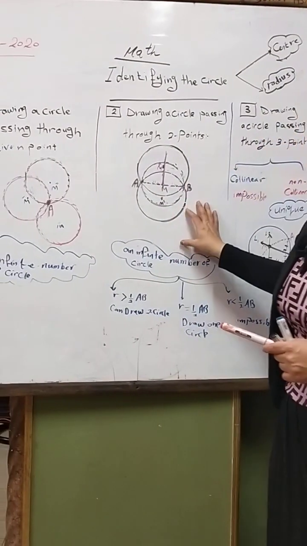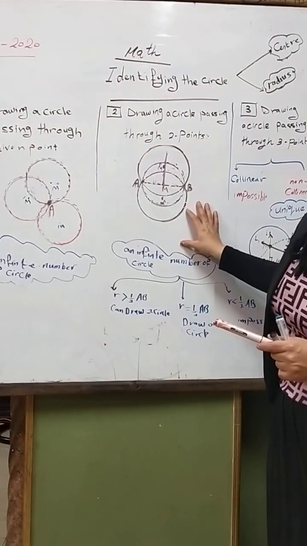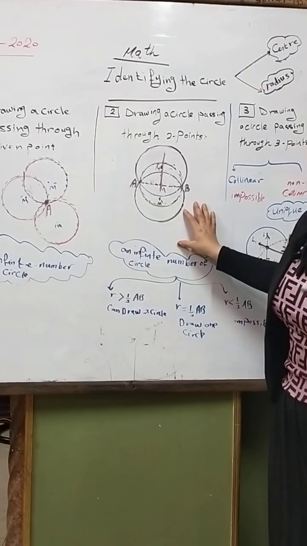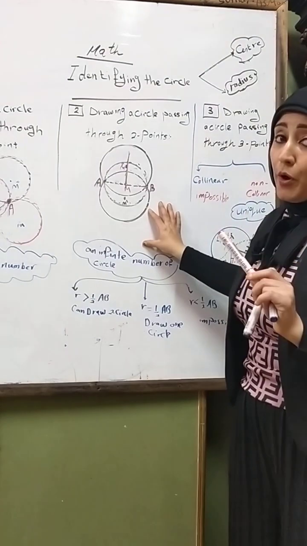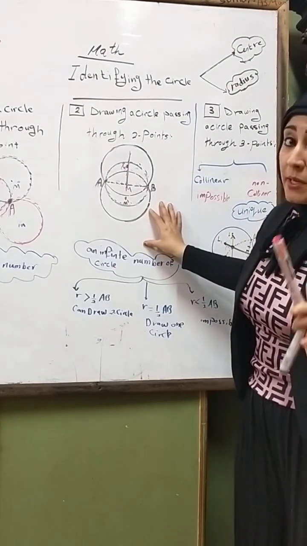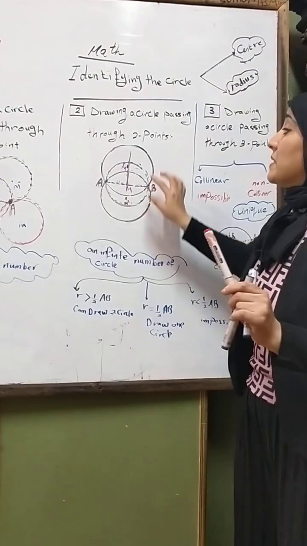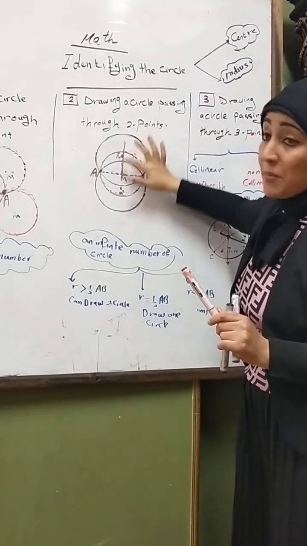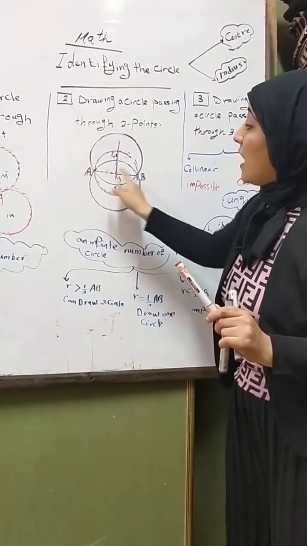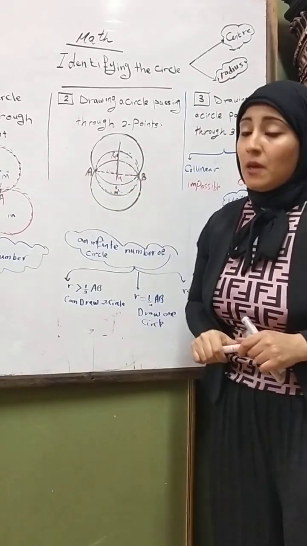So the important note in the second case is what? There is an infinite number of circles that can be drawn passing through 2 points, but the most important condition is that the center of each one must lie on the axis of symmetry of the line segment AB.